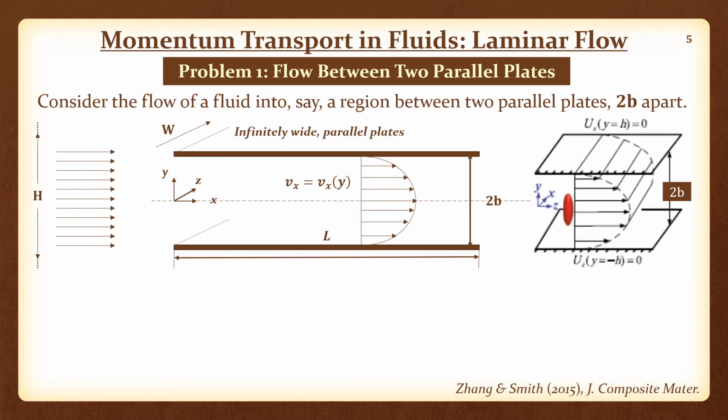The direction that separates the two plates is the y-axis, and the third direction is the z-axis, which gives the width of each plate. It is assumed that the plates are infinitely wide and perfectly parallel to each other. Essentially the width is much larger than 2b.